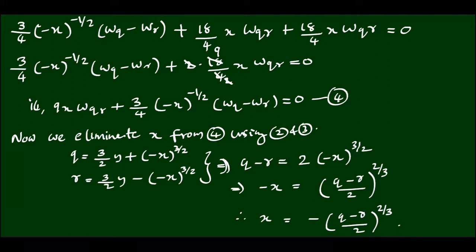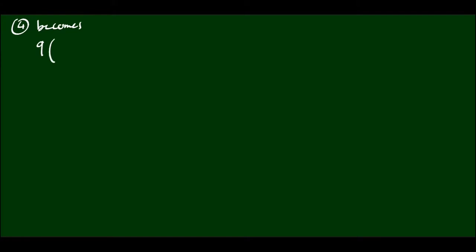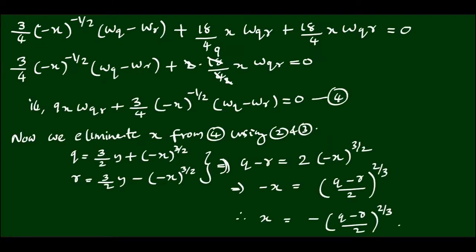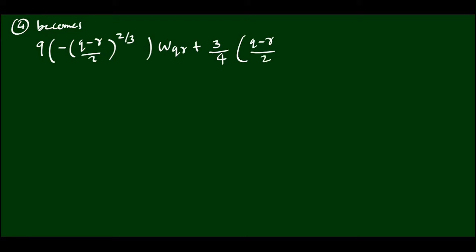Okay, so we will get 9 into minus ((q minus r) divided by 2) all raised to 2 by 3 into wqr plus 3 by 4 into ((q minus r) divided by 2) all raised to minus 1 by 3 into (wq minus wr) equal to 0.